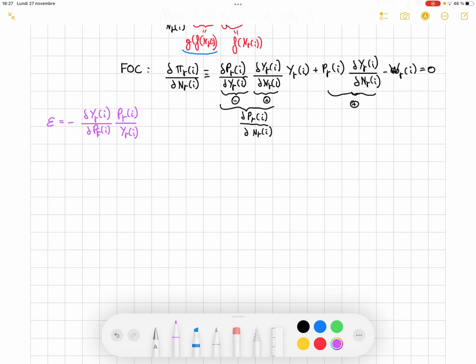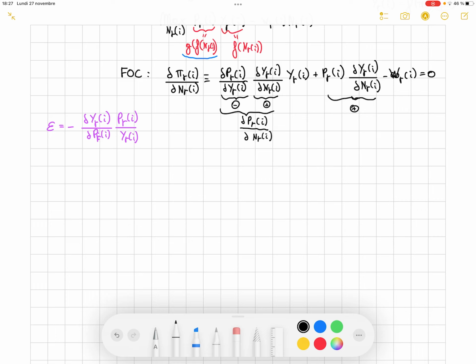So basically it will be equal to the change in terms of percent of the demand if there is an increase of 1% of the price, right? That's just what this equation is about.